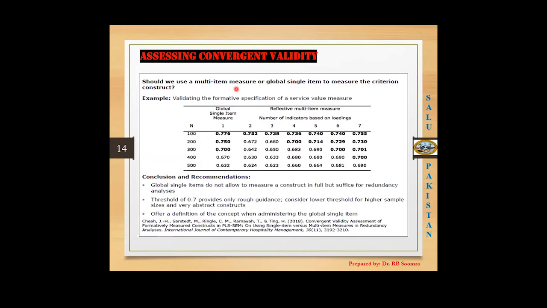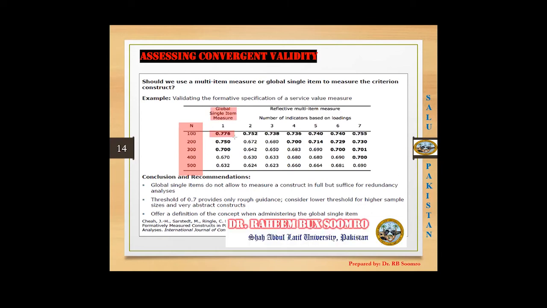Another thing is whether we should use a multi-item measure or a global single item. We have to compare these two, validating the formative specification of the service value measure. Here are the numbers of observations, the sample sizes. If the sample size is 100, the global single item's result is 0.77, somewhat higher than 0.7.